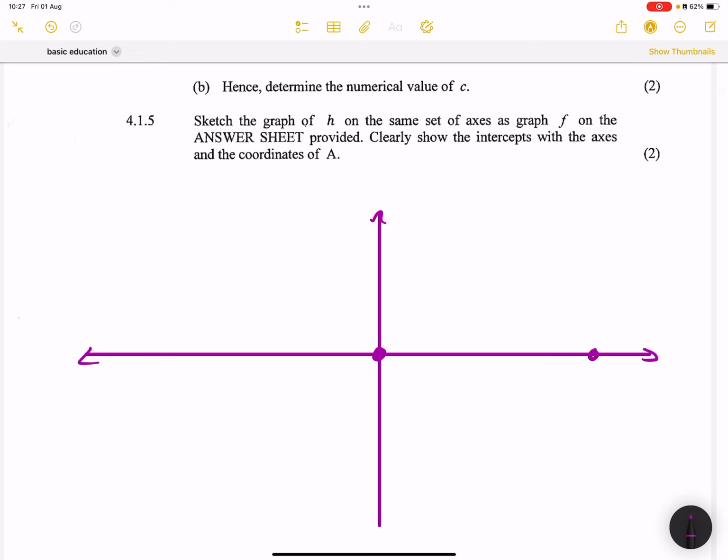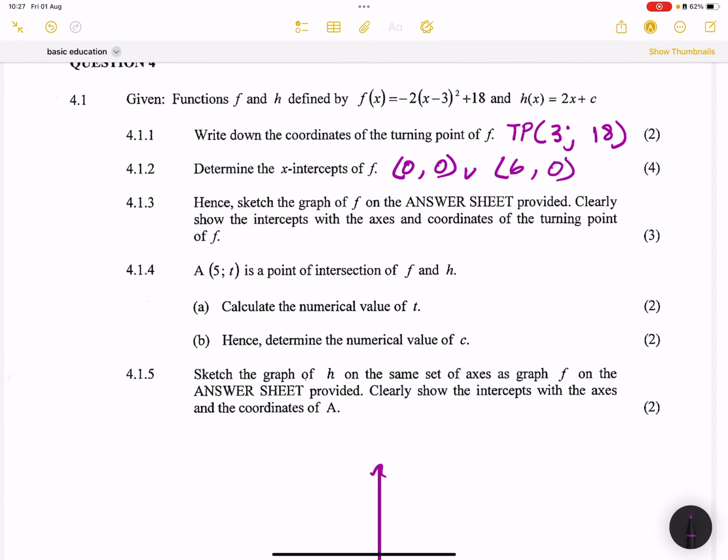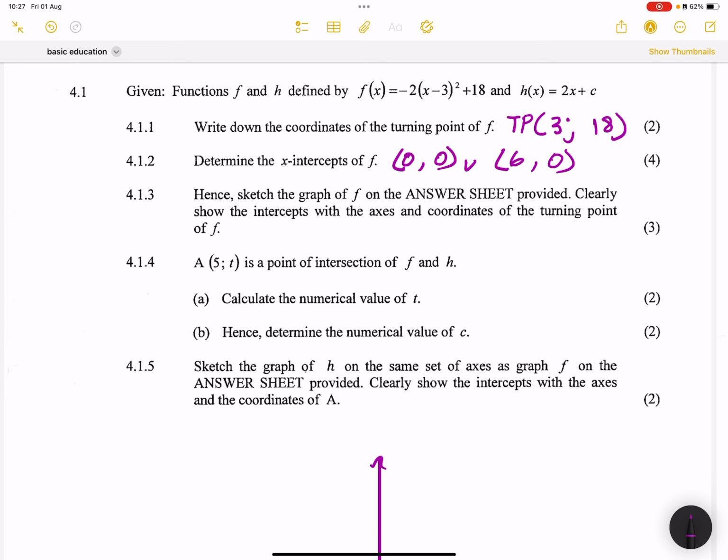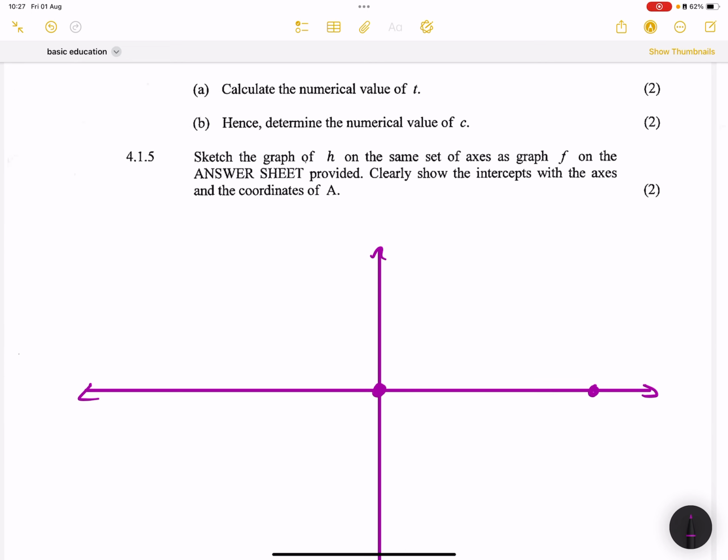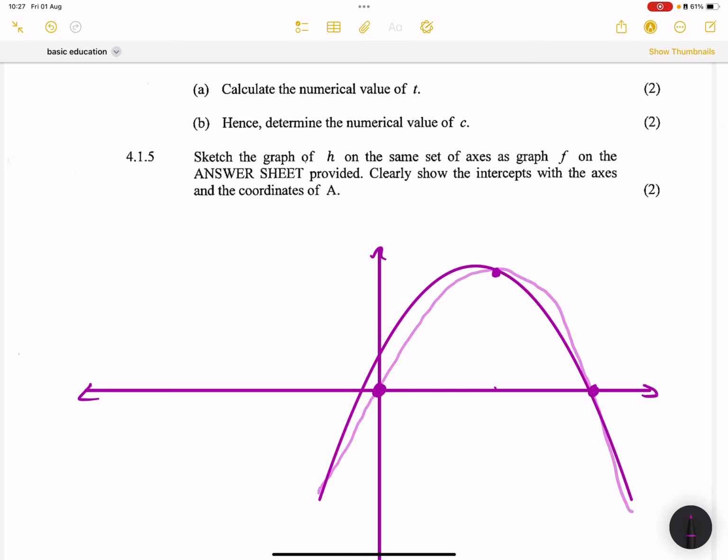Okay, so please note our turning point is at 3 and 18. Let's put 3 and 18 somewhere over there. And so our parabola looks something like this.